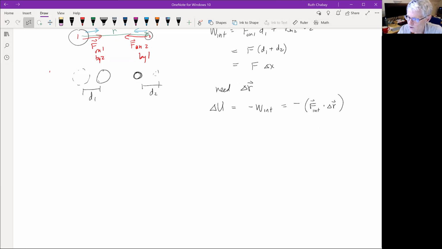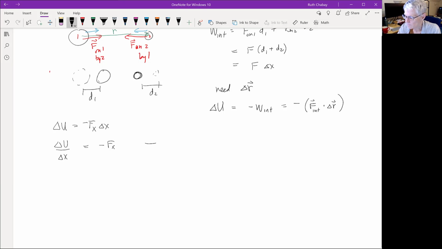Now, if we do this in one dimension, it's kind of easier to see. So delta U is going to be minus Fx delta x here, or we can just rearrange this to get delta U over delta x is the negative of the x component of the force.